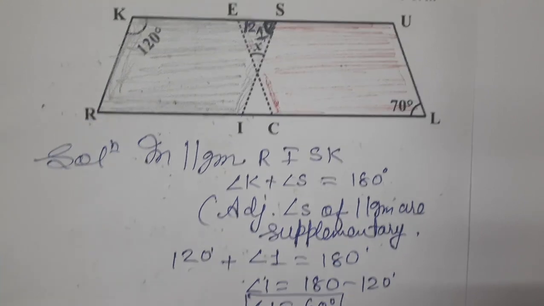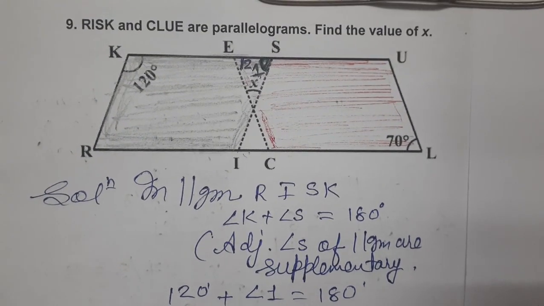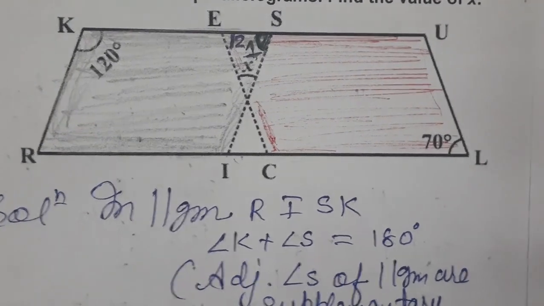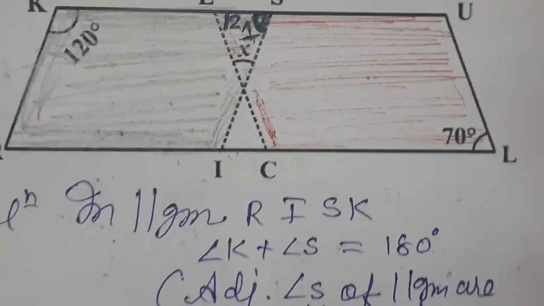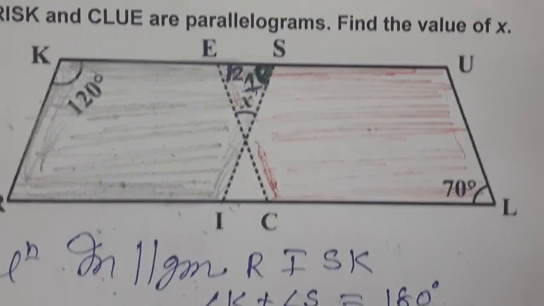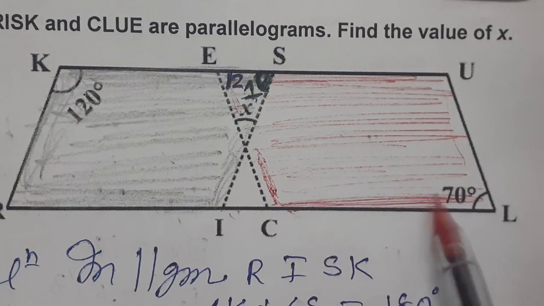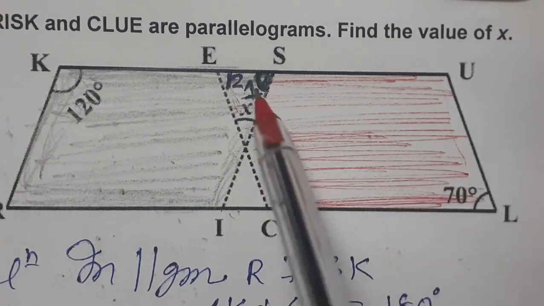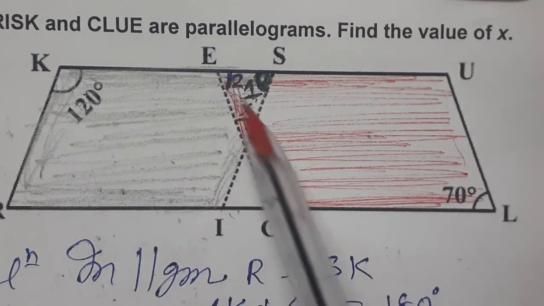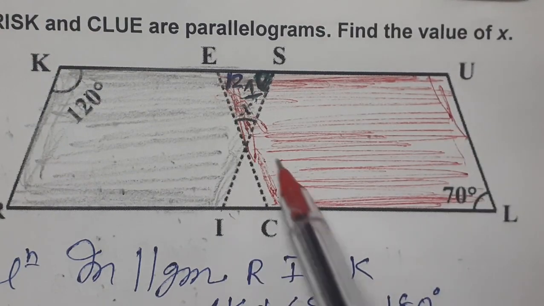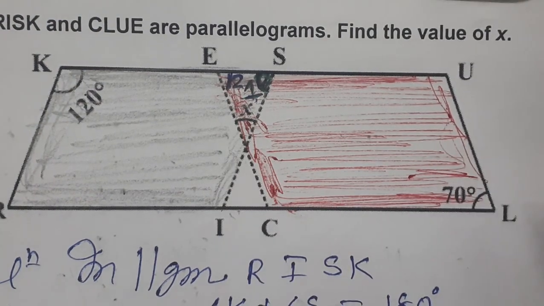Now see the figure once again, children. Zooming it so that it is easily visible to all of you. So now see the red one. Now we know opposite angles of parallelogram are equal.